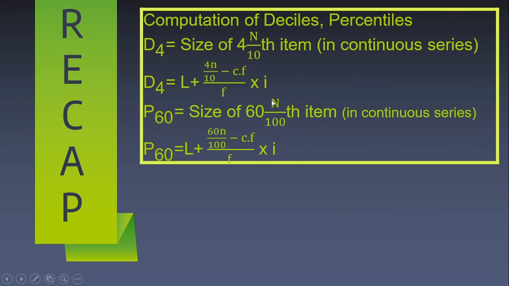So P60 is equal to L plus 60N by 100 minus CF by F into I. So this is with regard to quartiles, deciles, percentiles in continuous series.